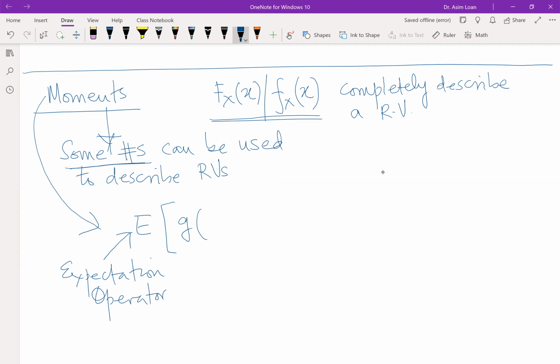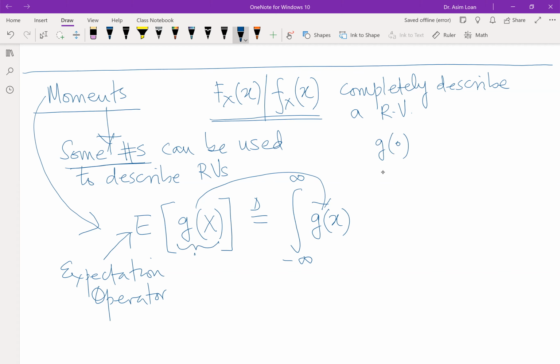So E of G of X by definition is the integral from minus infinity to plus infinity of this function G of X, some function of a random variable, times, since the random variable is X, the density of X dx. Okay? So just keep this information in mind.